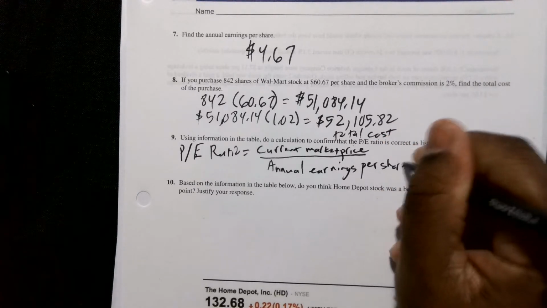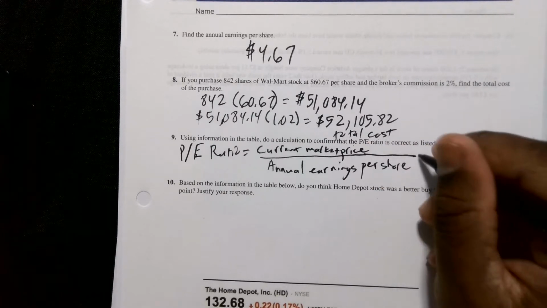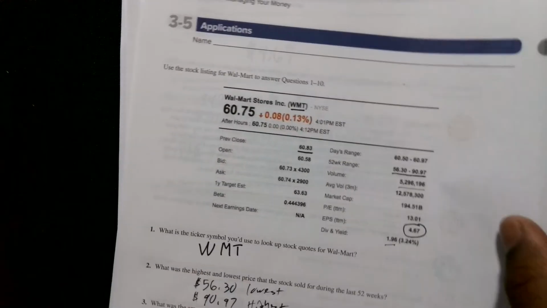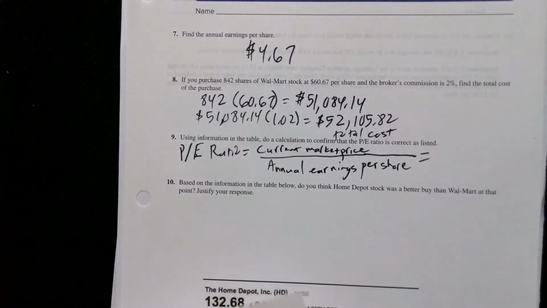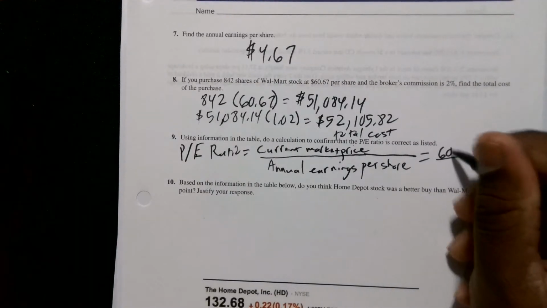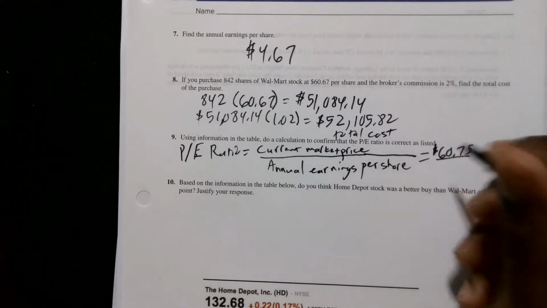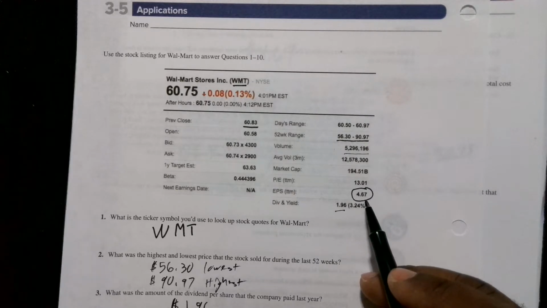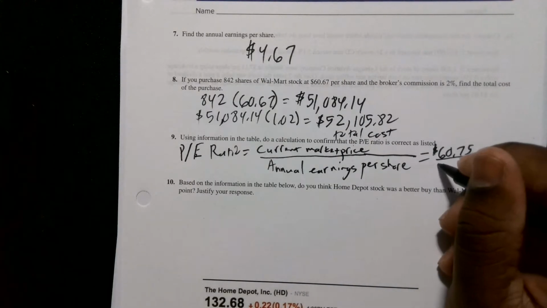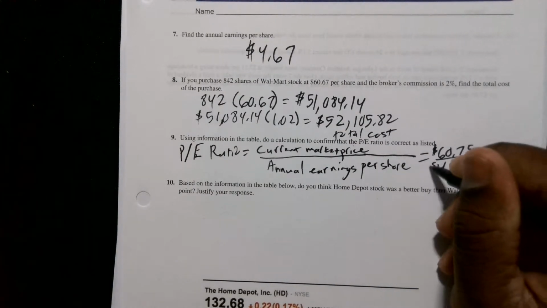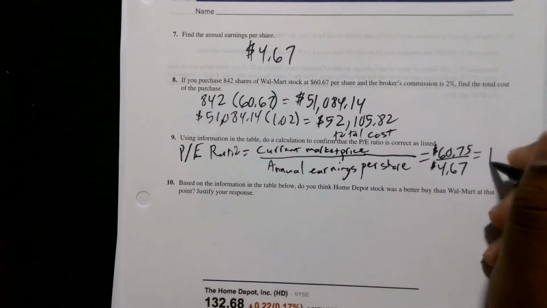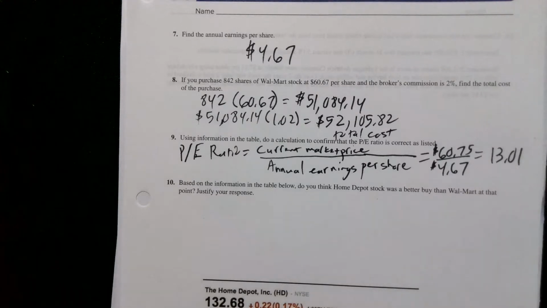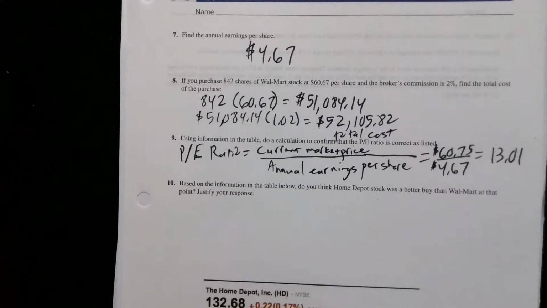It's per share. Okay, so if we look here, the current market price is $60.75. The annual earnings per share, which is $4.67. And we would divide them and get 13.01. And that is our final answer.